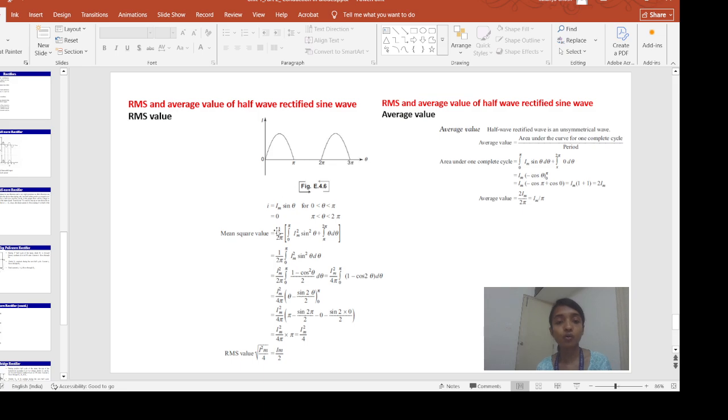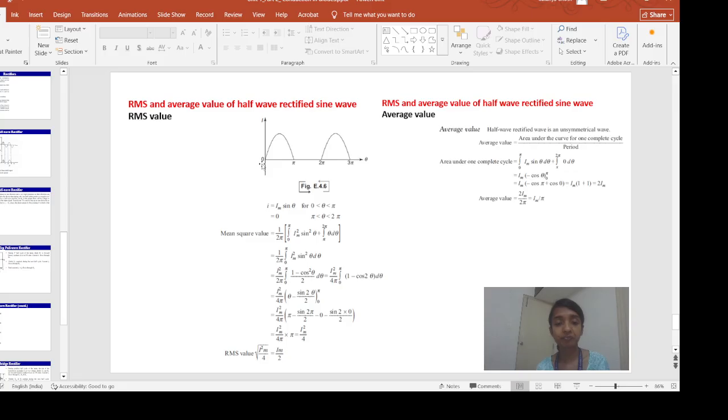Okay, so what was the formula to calculate the RMS value? First we calculate the mean square value, then to get the RMS value we take the square root. So in order to calculate mean square, what was the formula? 1 by capital T, where capital T is the total time period. What is the time period of a signal?